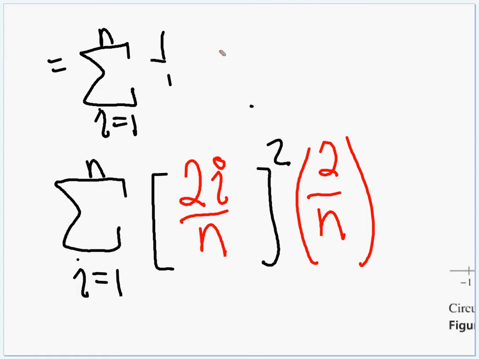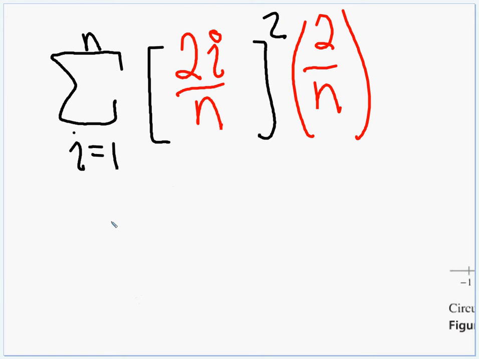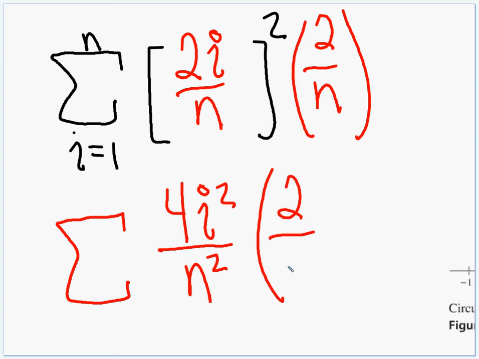Now you're going to see why this is so much easier than the last one, because of the algebra involved. So first, let's square that quantity. 2i times 2i is 4i squared, divided by n squared. And then we've got times 2 over n.